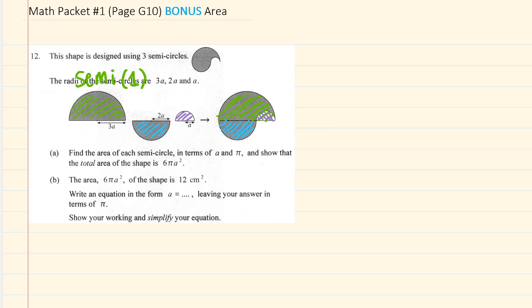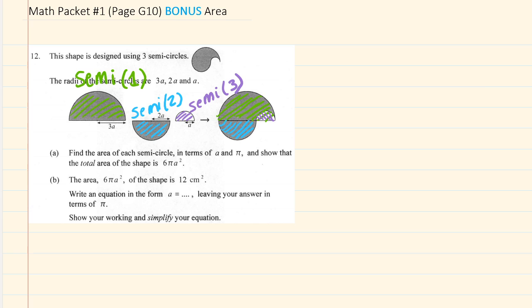I'll call the blue one semicircle 2, and I'll call the purple one semicircle 3. So if we're going to find the total area of our shape, we have to add the first 2 semicircles, but then subtract or take away the area of the third semicircle.